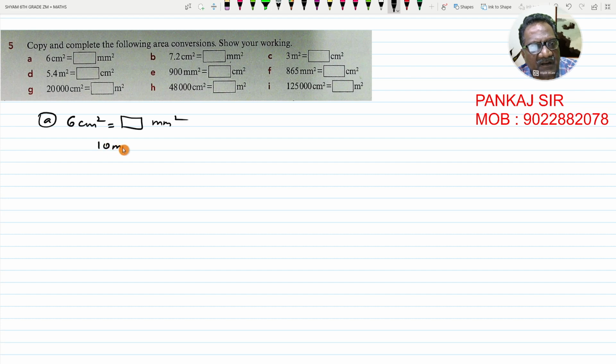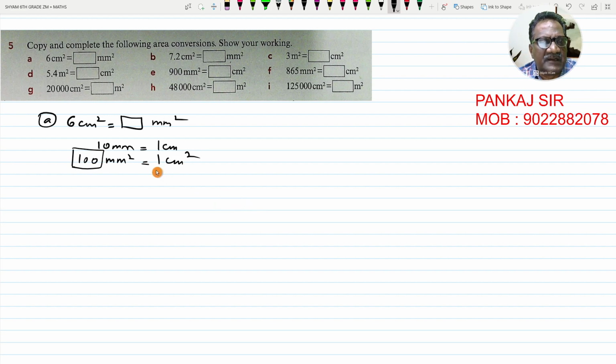10 millimeters is equal to 1 centimeter. Everybody knows that. We want millimeter squared. So if I square both the sides, it will be 100 millimeter squared equal to 1 centimeter squared. So I get this 100 as the conversion factor, right?